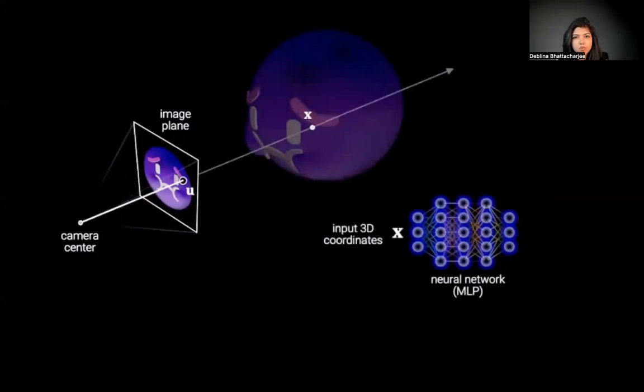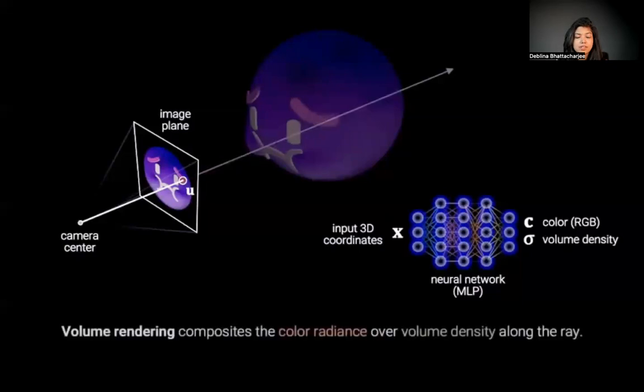We feed this 3D point into this network, which will predict the color and volume at this particular location. So we can take many such points along the ray. And we do the same to predict the color and volume for all the points along the ray, which are essentially information from the same pixel on the 2D image.